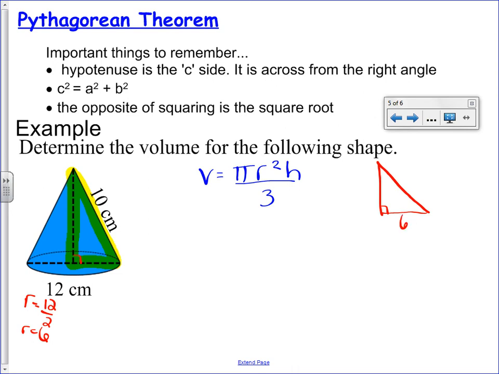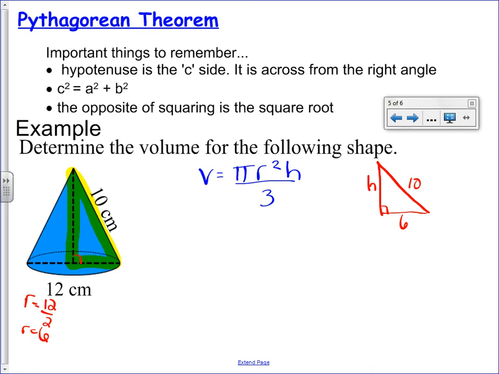Good. And again, I know that the distance from here to here is 12. From here to here is 6. Okay? What would I put here on this side? 10? How about here? Yeah, for height. Good.